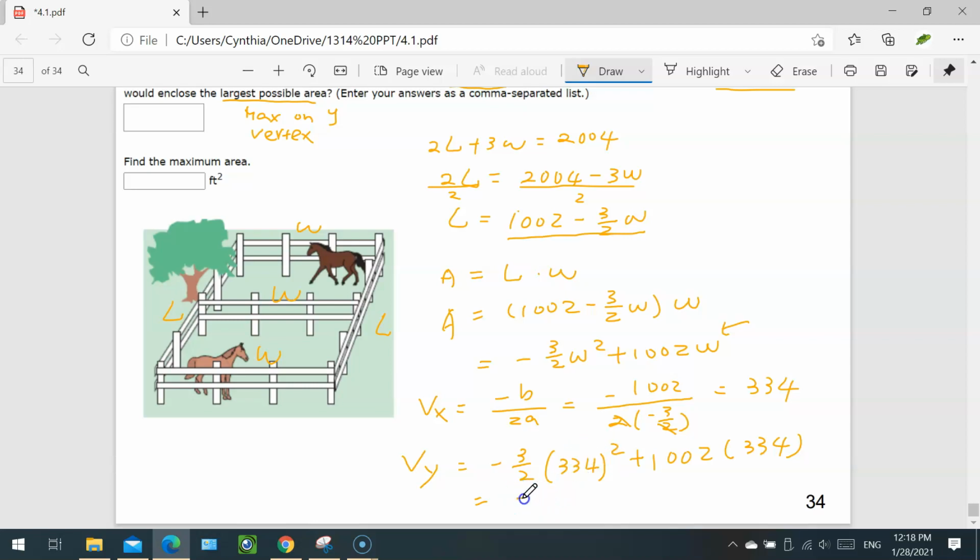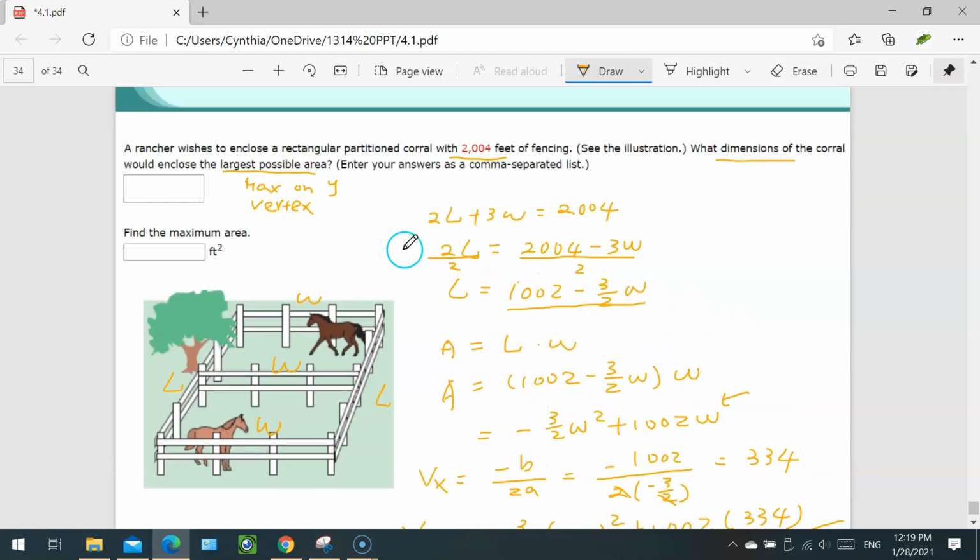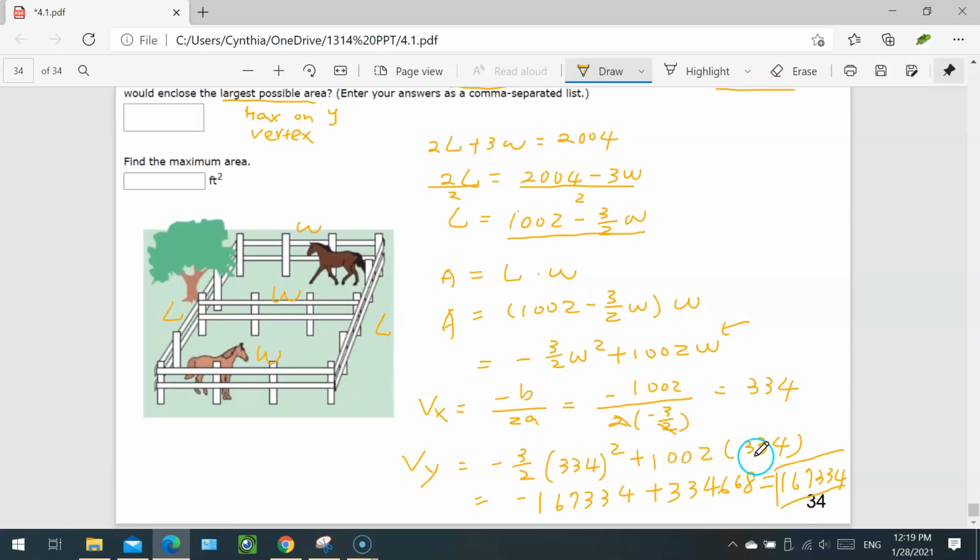I get negative 167334. Then plus 334 multiplied by 1002, I have 334668. So combine these two. The answer is 167334. So this value represents the largest possible area of the corral. This is in feet squared as well.